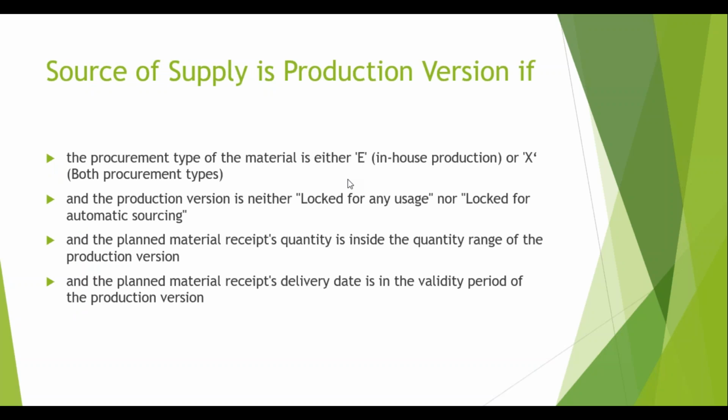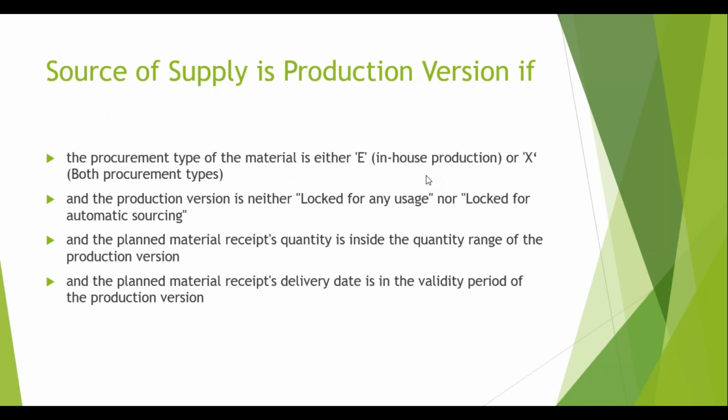The source of supply is the production version if the procurement type of the material is either E or X, which means if a material is produced in-house, then based on the production version, the system will be able to find the relevant BOM and routing.